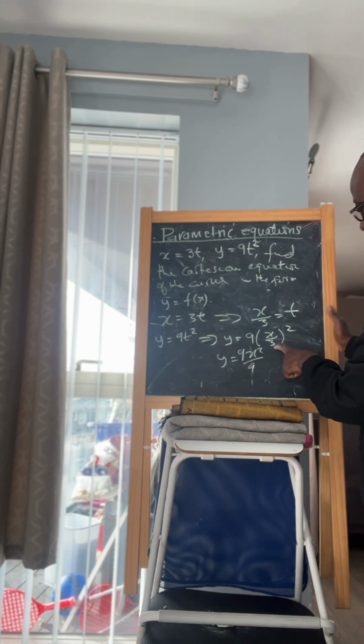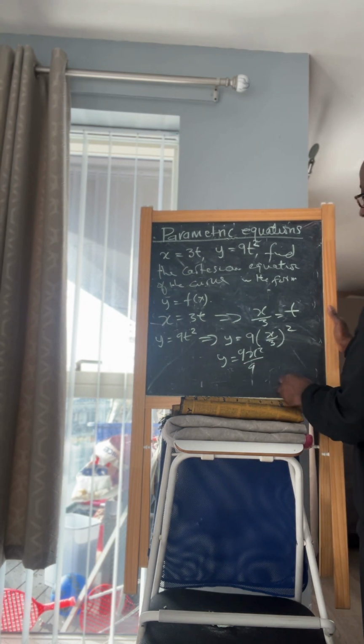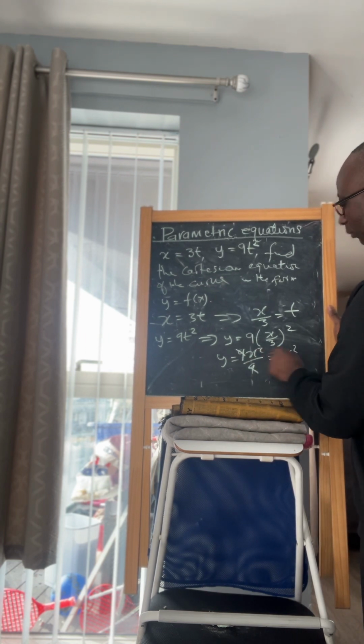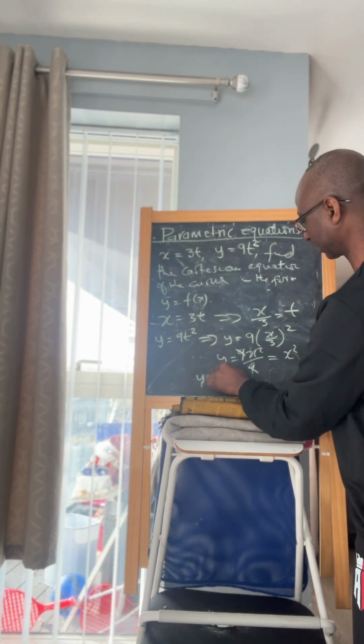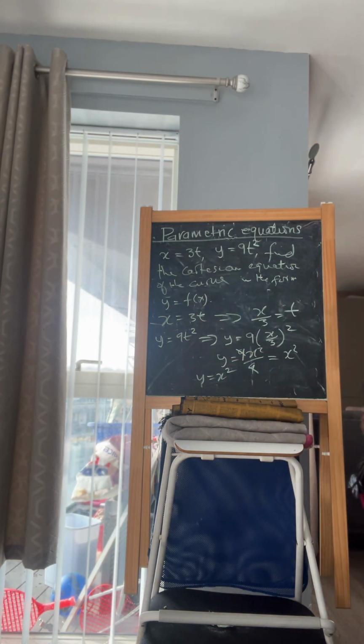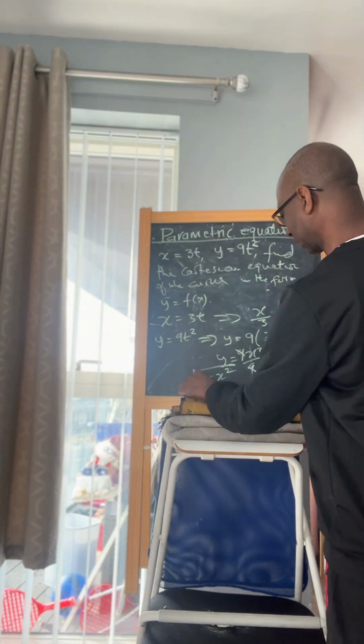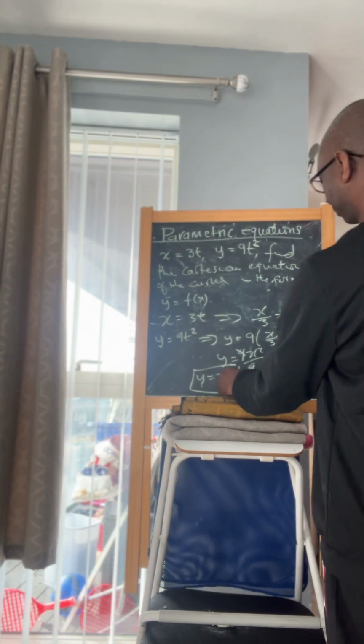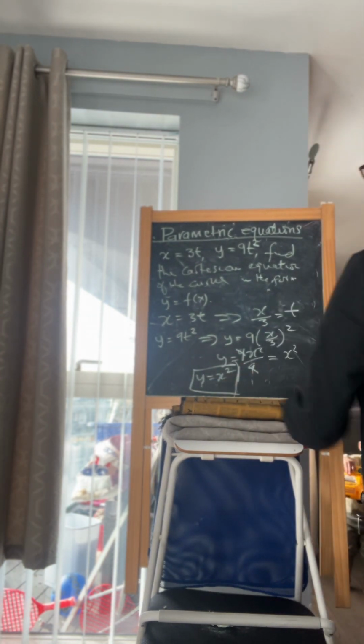Because when you square 3, you get 9. So the 9s cancel. You now have x squared. So you now have y equals x squared. So this is what the equation has reduced to. We've just done that. This is a parabola.